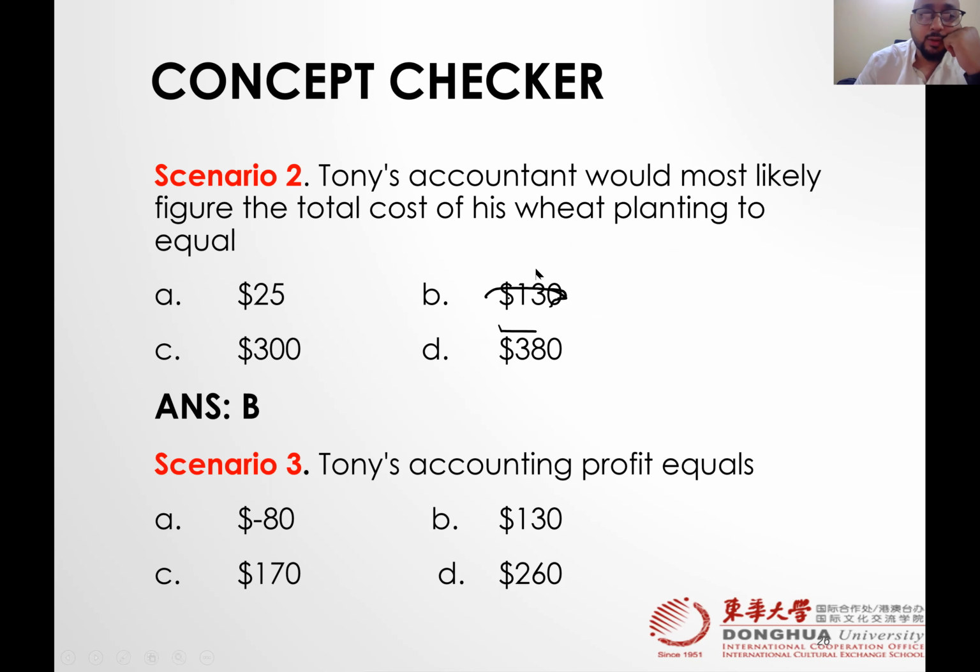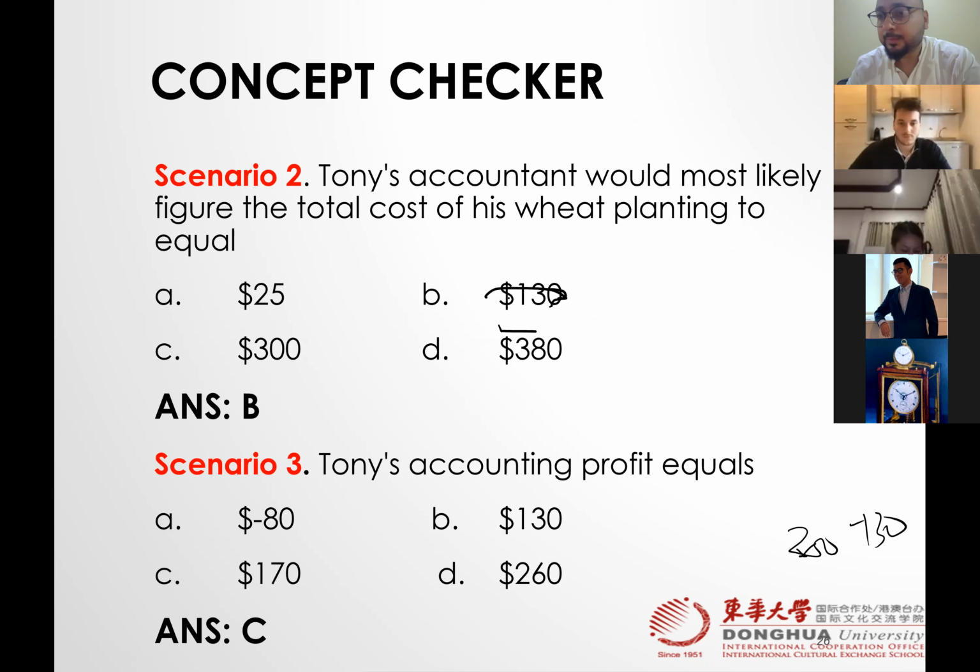B. Tony's accounting profit would be 300 minus 130. Answer would be 170. Right, Piranan? Yes. PD, are we on the same page? Understand?